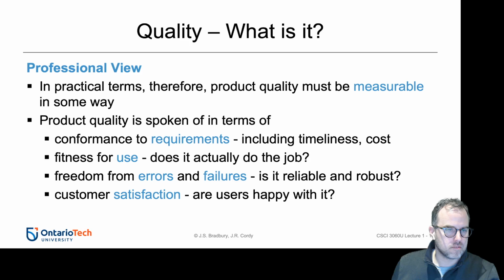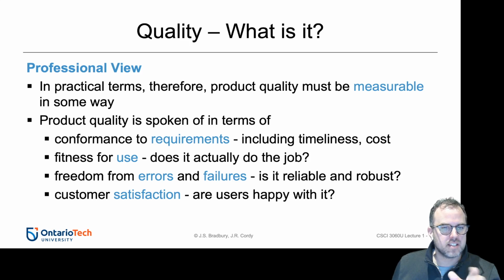Fitness for use, freedom from errors and failures, customer satisfaction, right? We never talked about it, but are people happy with it? Do people like their phone? If I go to 100 people who have an Android phone and 100 people who have an Apple phone, and I say to them, would you recommend that phone? Right? If only 20% of one of those groups said yes, that would be to me a problem, right?